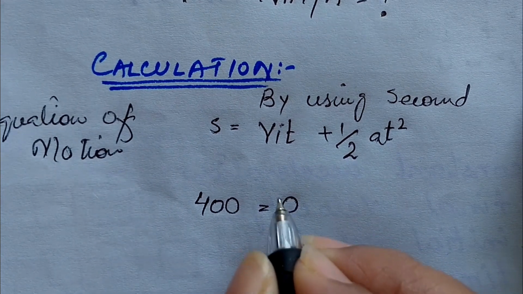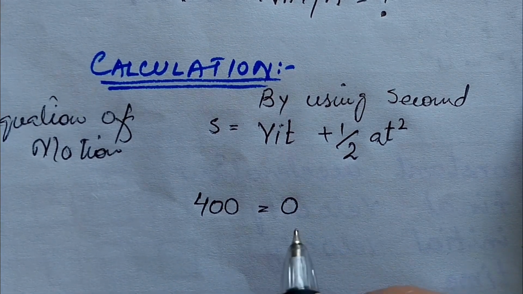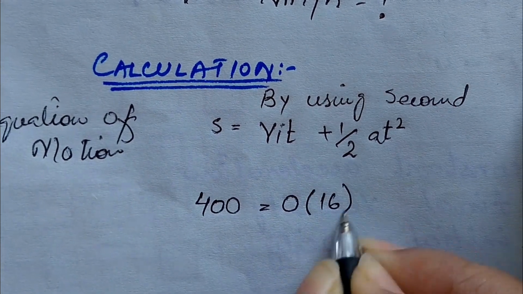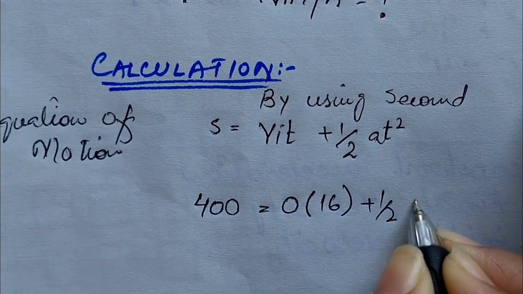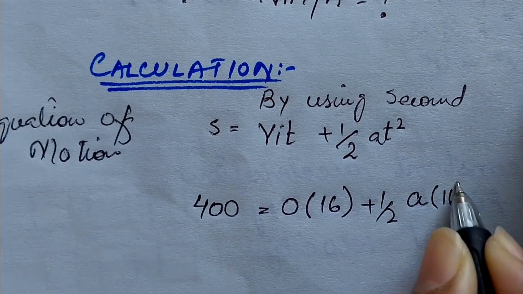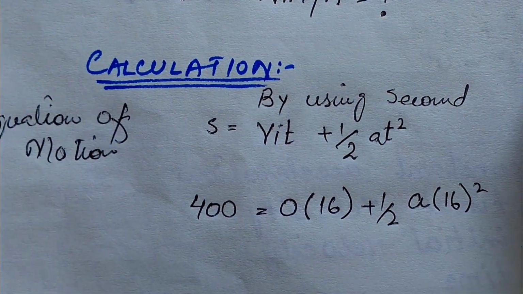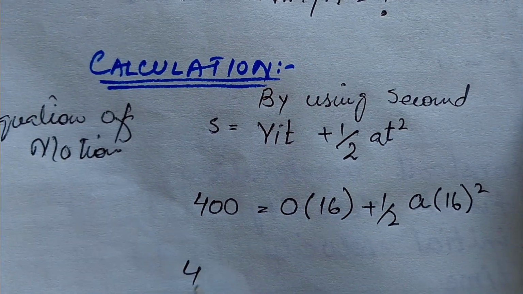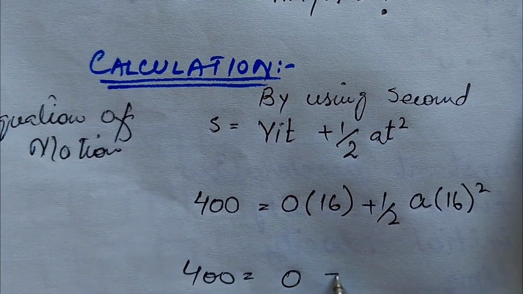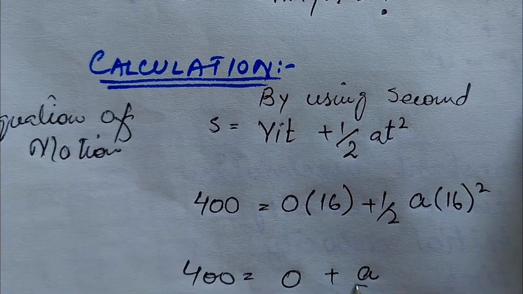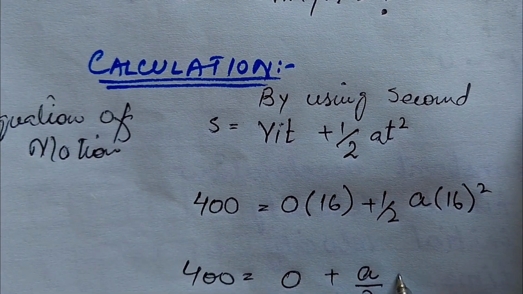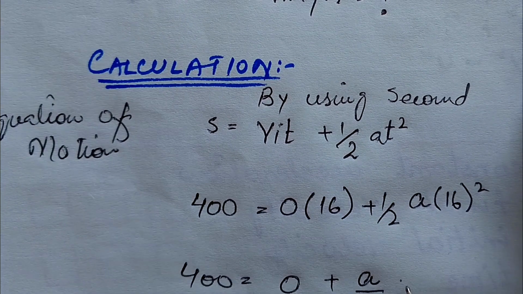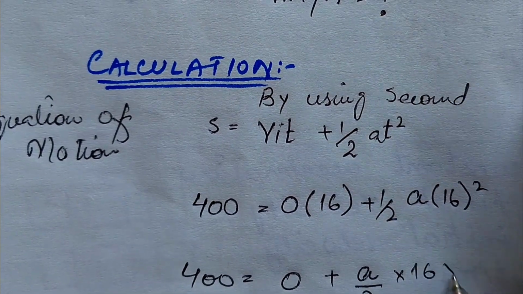So we will put the value of u, initial velocity, and t for time, which is 16, plus half. a will be written as it is and t is 16 square. So now we will multiply and calculate these amounts. 400 will be written as it is. 16 multiplied by 0 is equal to 0, and half, 1 multiplied by a is equal to a upon 2, and 16 multiplied by 16.